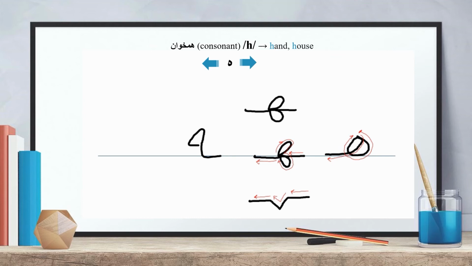So you know it already, don't worry. But still, I write it again with red to make sure that you recall it easier the next time you do it. So upward, then like this. So in this shape, he is connected to the previous letter.